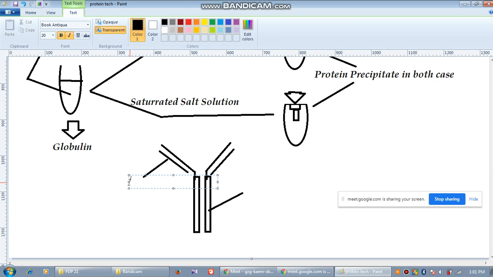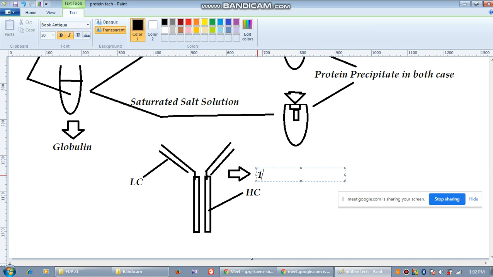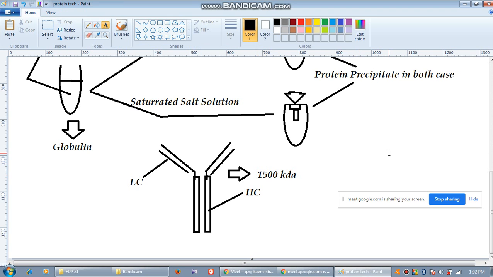So many domains, light chain domains 2 and heavy chain domains 2, isn't it? So the overall molecular weight is approximately how much? 1500 kilodalton. Okay, so approximately 1500 kDa was the molecular weight. Very, very high molecular weight, isn't it?